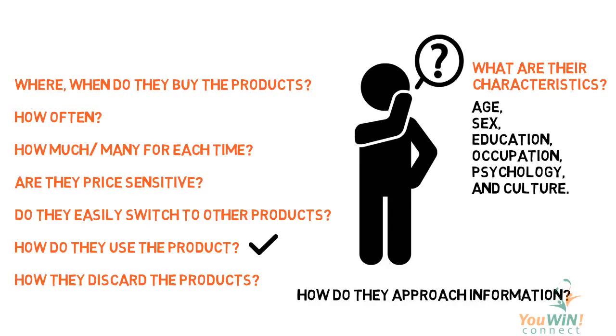In terms of customer characteristics, something that we should also know is how customers approach information. What kind of information are they interested in? When? And what source do they rely on for their information? This would also assist us in knowing how to send information to our would-be customers.